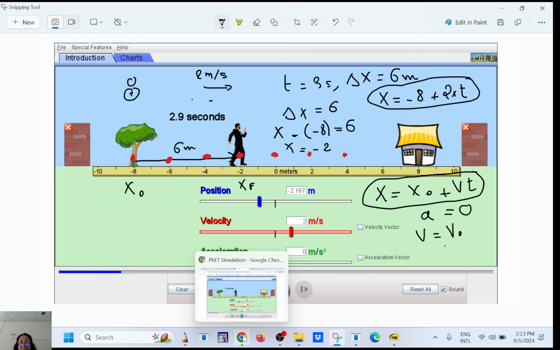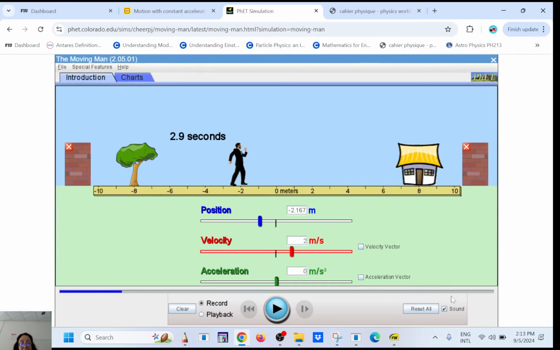Now, let's take another example to make sure that everyone understands. Now we have him at -5 and a velocity of 2, after 4 seconds. 3. Very good. Do you all agree with that? The final position will be 3, right?